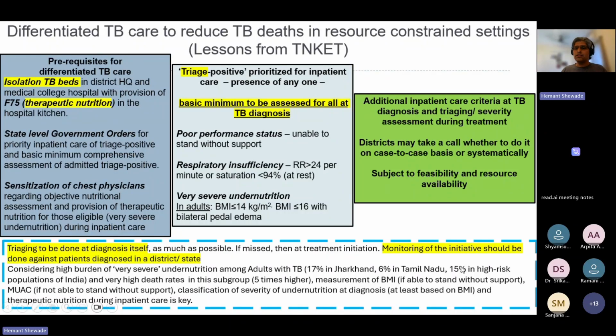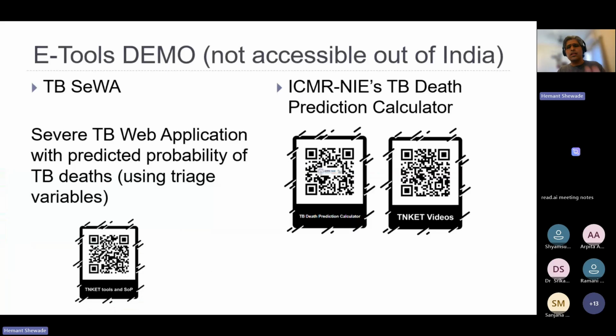If you add respiratory insufficiency and poor performance status, it is around 30%. So just managing this 30% itself is a huge task. And as Tamil Nadu had shown, it takes time, even for a state like Tamil Nadu. Hence the justification to implement differentiated TB care using simple triage indicators as a public health guidance.